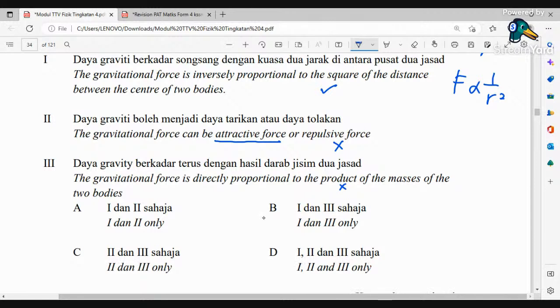Product means multiplication of the two bodies. F is directly proportional to the product of masses of two objects. Yes, this is correct. This is multiply. So we get the answer only 1 and 3.